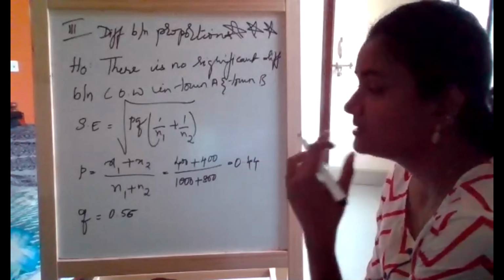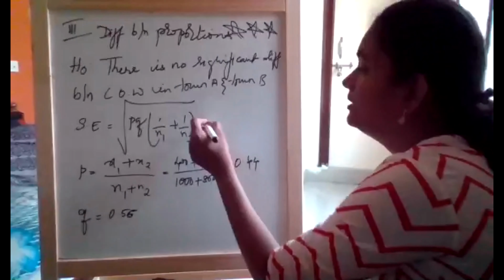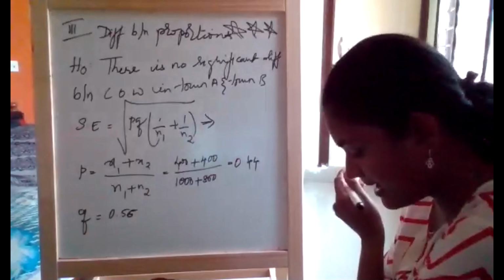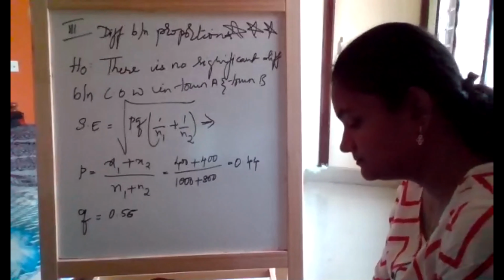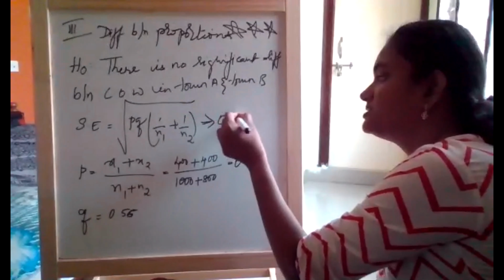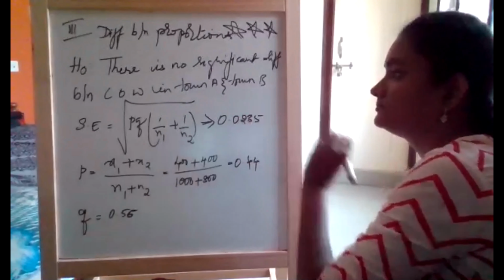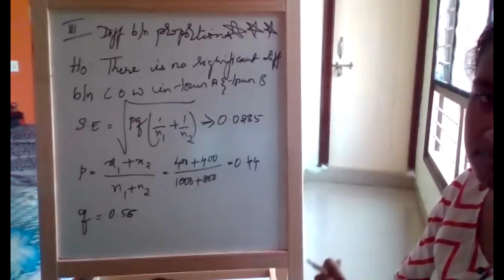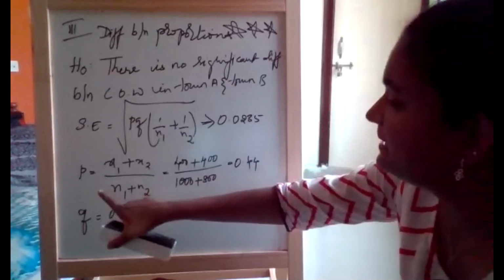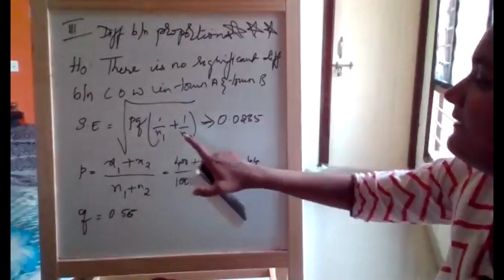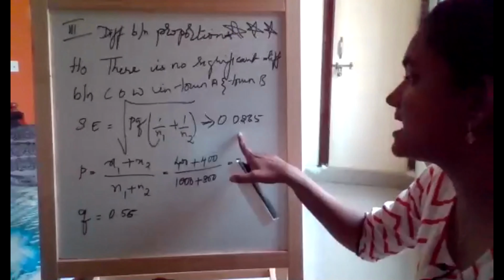Yes, ma'am. So now I have the PQ value. Substituting this, what standard error value did we get after calculating all this? 0.0235. After substituting the P value, Q value, N1 value and N2 value, we got the standard error to be 0.0235.